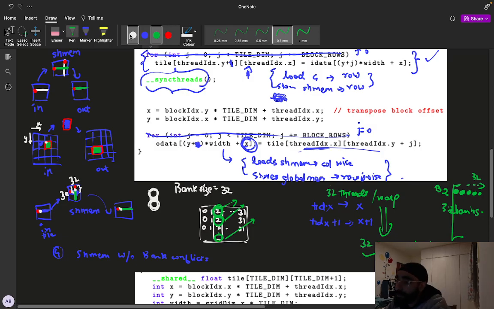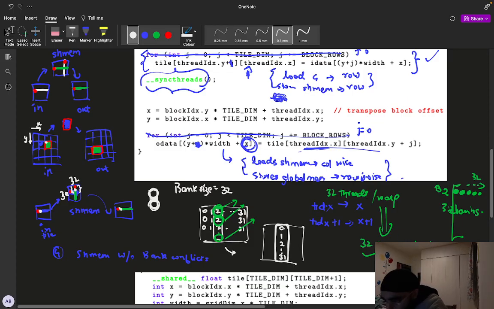We want a situation which is similar to this, where the same row has data in the banks 0, 1, 2, 31, such that when a warp is trying to access all of these data elements, it can access all of them with a single shared memory load, because each of these data elements belongs to a different bank.